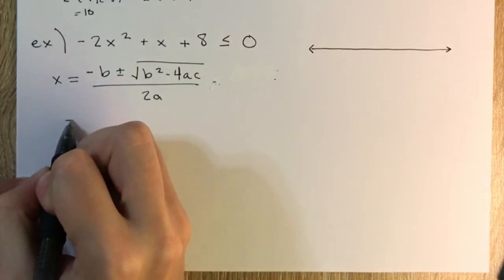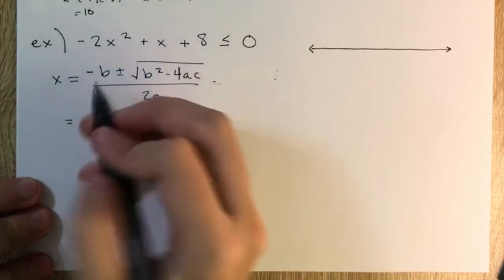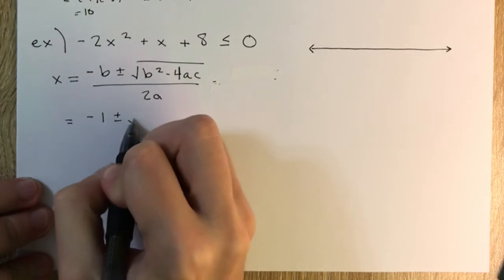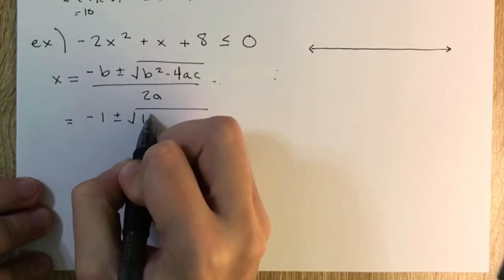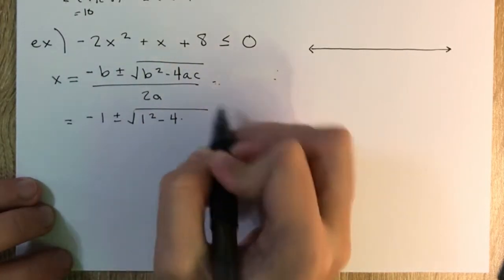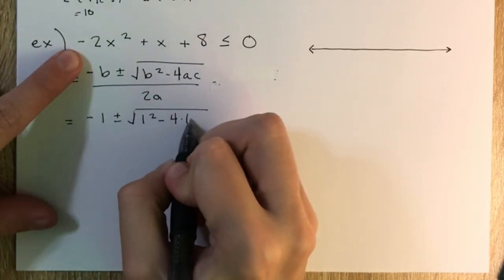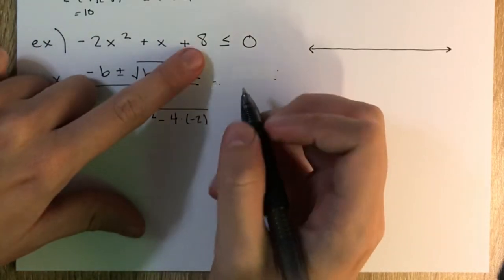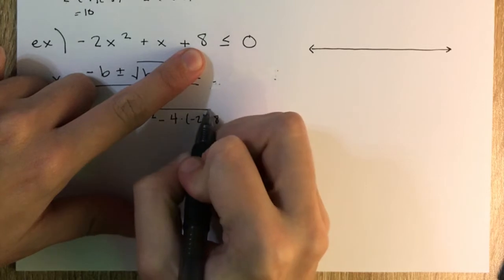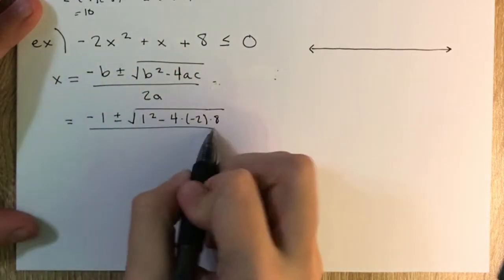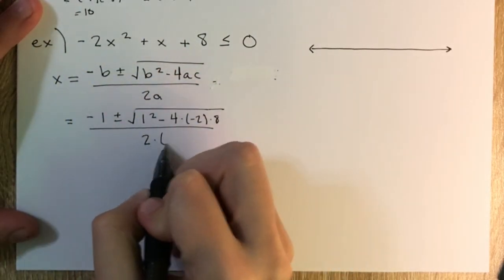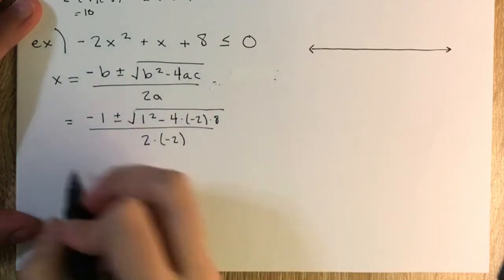So we have negative b is 1, plus or minus the square root of 1 squared minus 4 times a, which is negative 2, times c, which is 8, divided by 2 times negative 2.